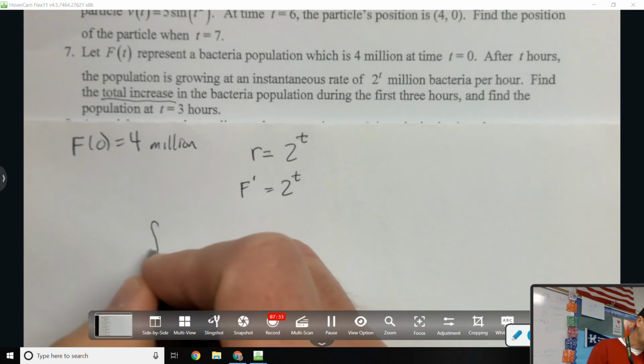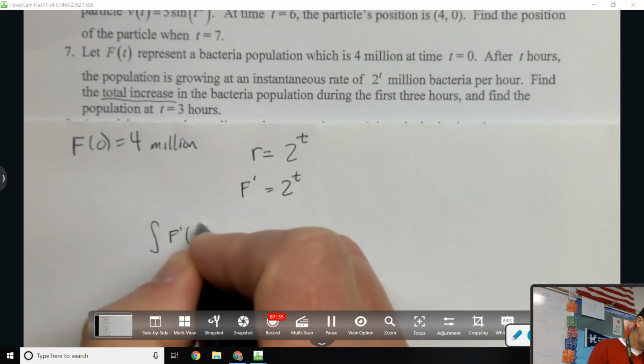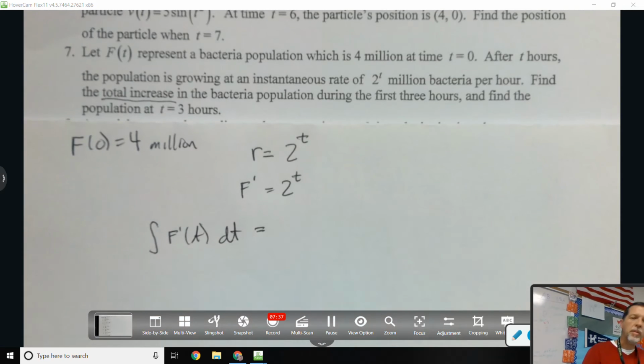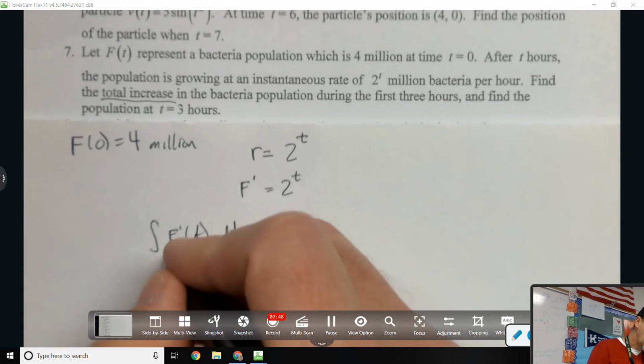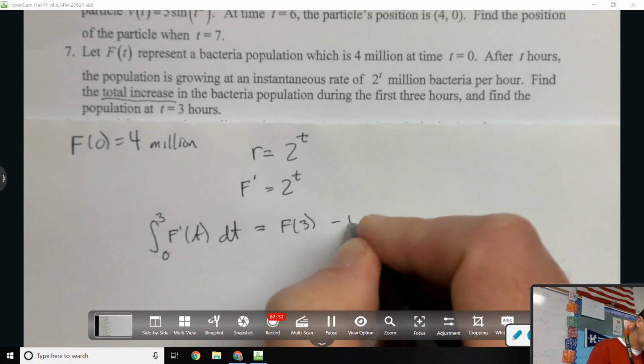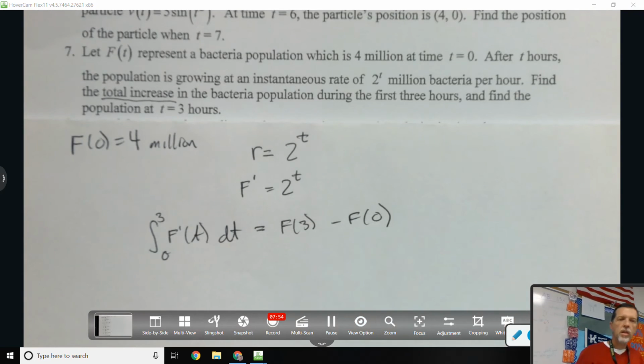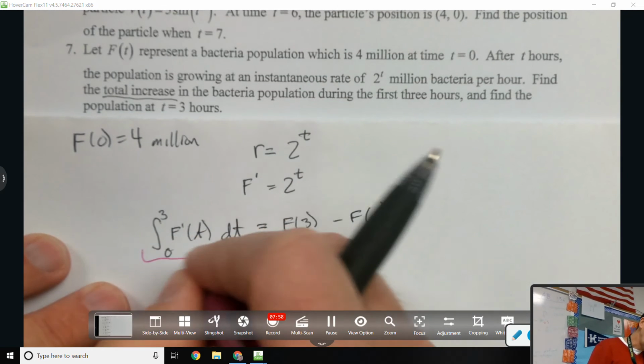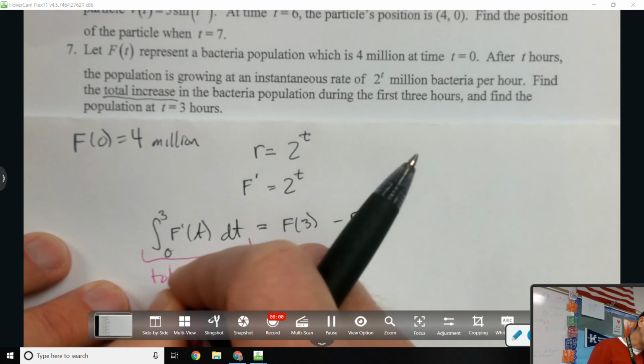So if I integrate f prime, that will tell me something about f. This problem is worded a little bit weird because it asks for 2 things: the total increase and how much after 3 hours. Well, if I integrate from 0 to 3, that will be the total increase.